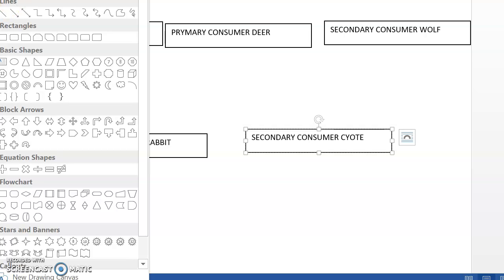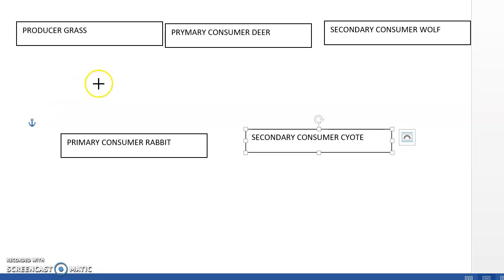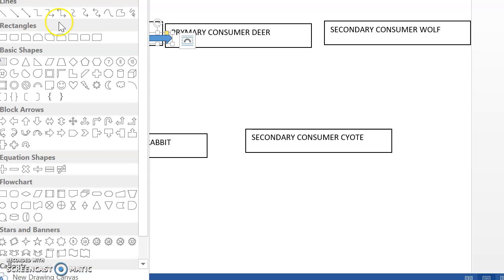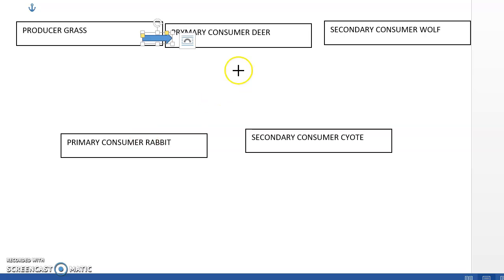So I'm going to grab some arrows and we're going to go, these go together here. There's a 10% energy loss here. There is also a 10% energy loss when you go here. That kind of blended in, but you can see the line. Okay, that's your food chain.